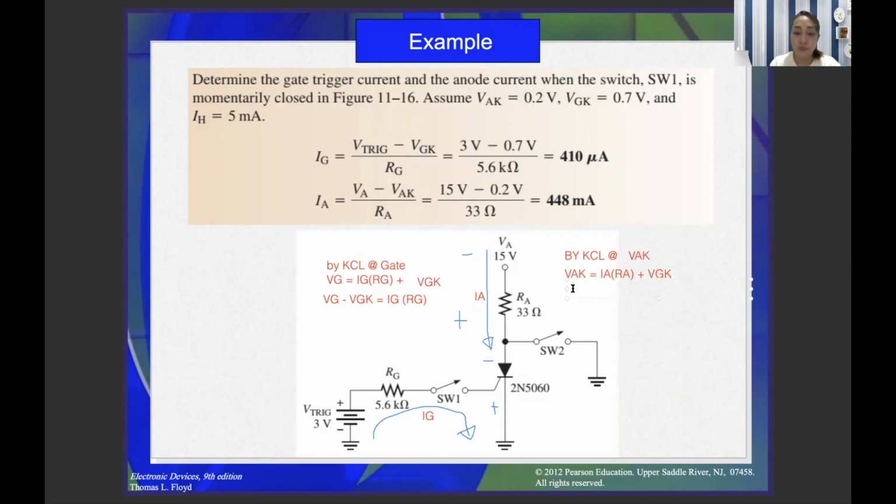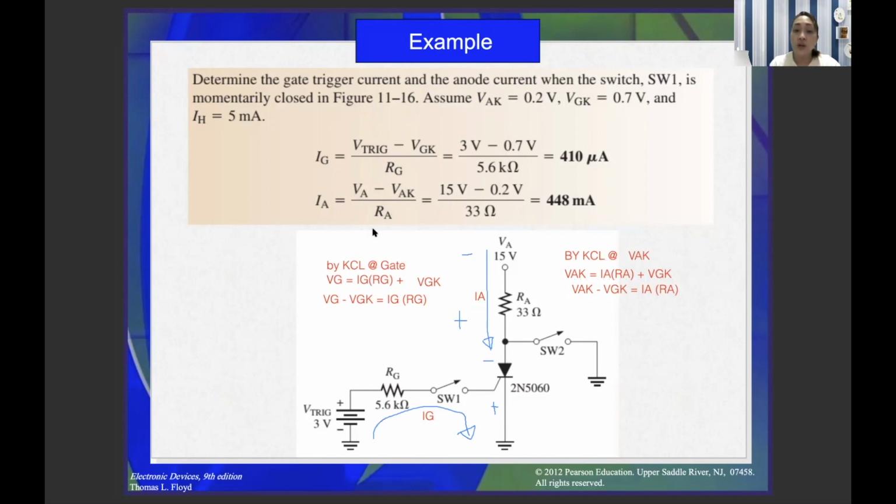Simplifying, that will be VAK minus, because we are going to transpose the VGK, minus VGK equals IA RA. Upon transposing RA to the other side, we will have the equation for our IA.